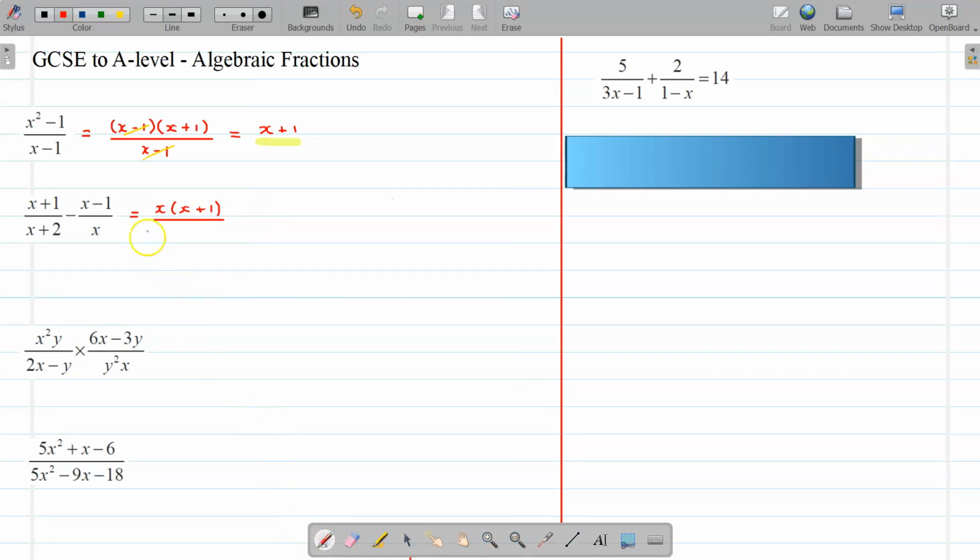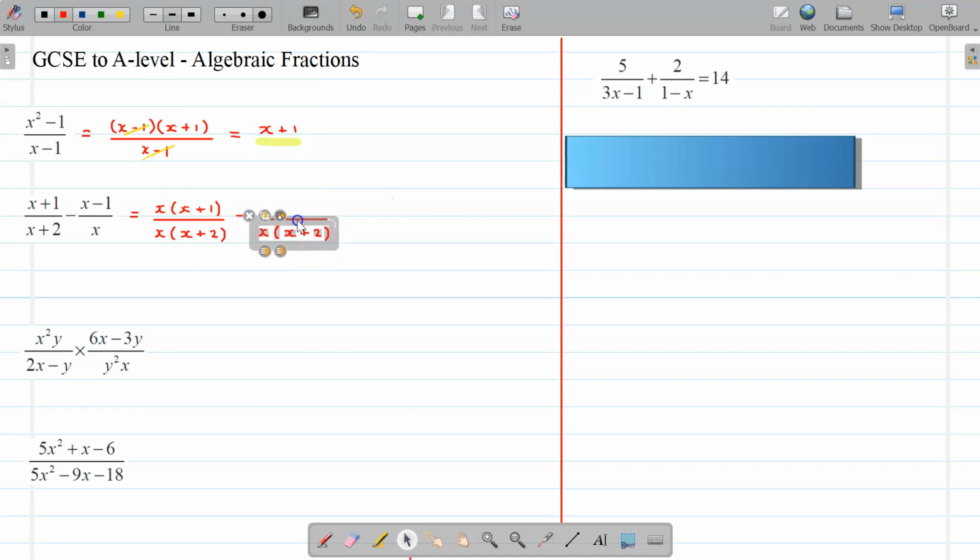Okay, so my denominator is x plus 2. And from that I'm going to subtract the other fraction, and the other fraction is going to have the same denominator. So all I need to do here is just make a copy of that and bring it across.